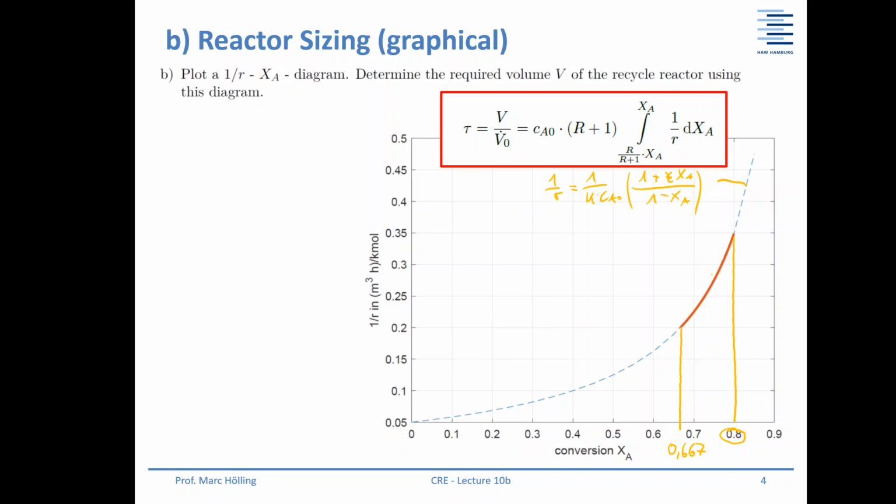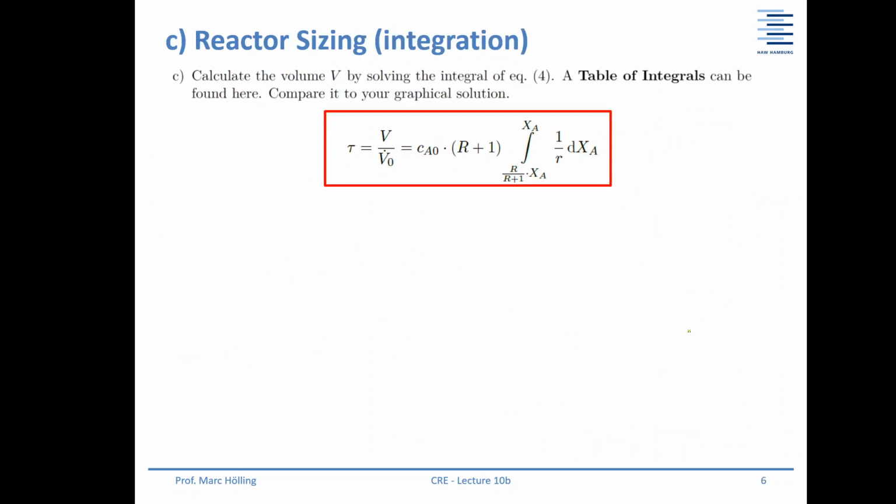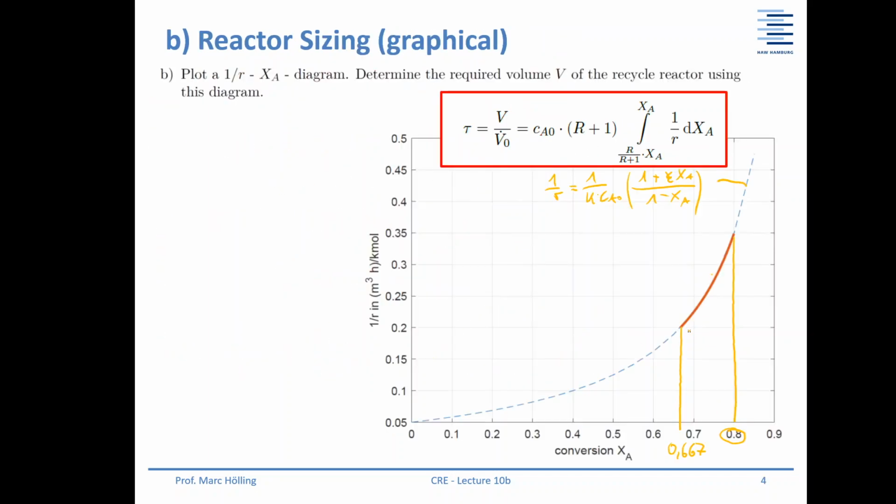What we need here is to integrate 1 over r with respect to the conversion. This means we need to evaluate this area here.